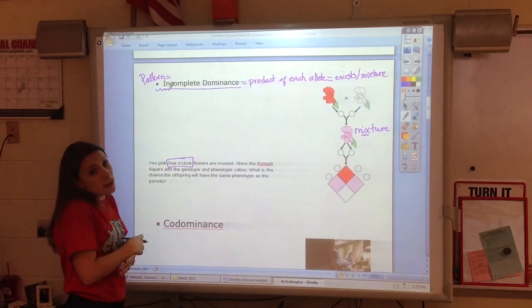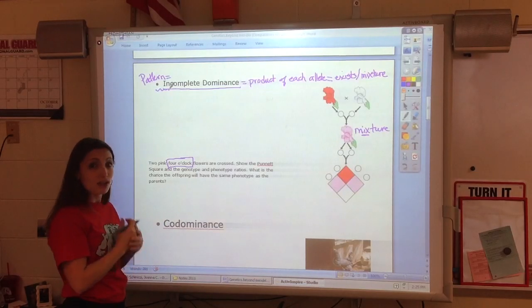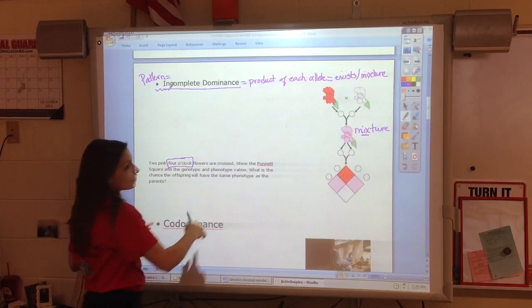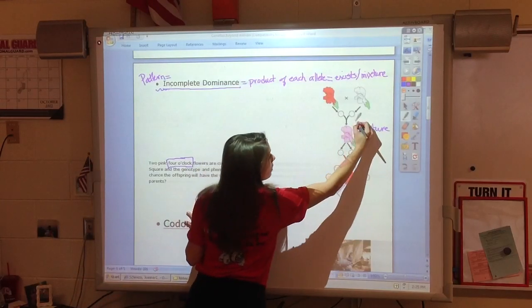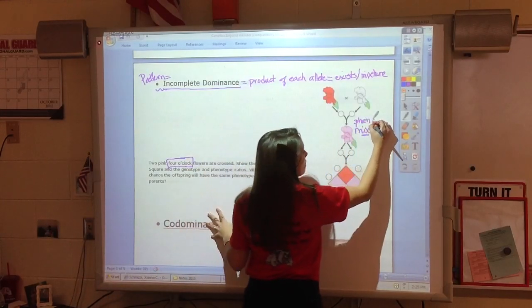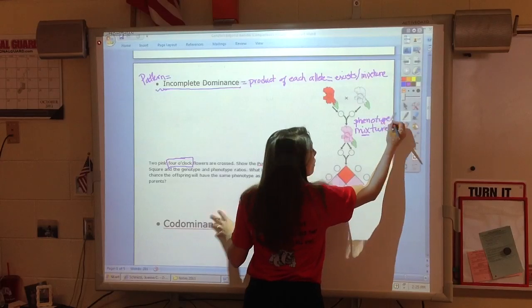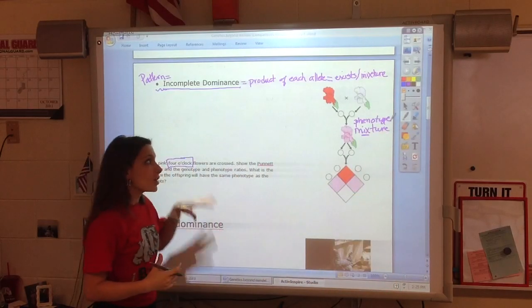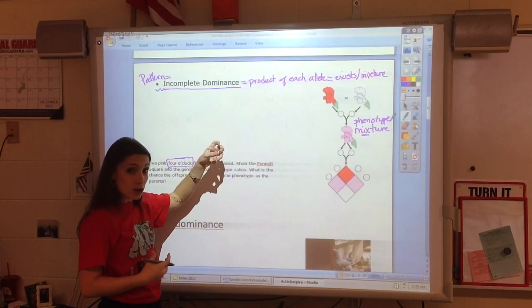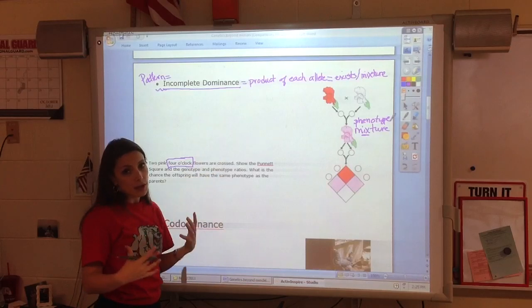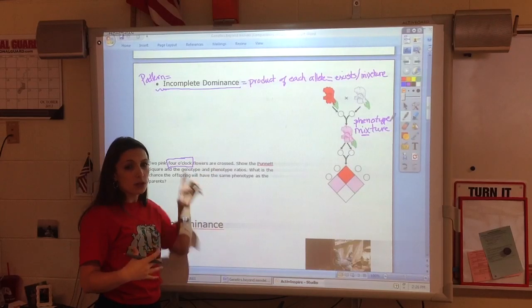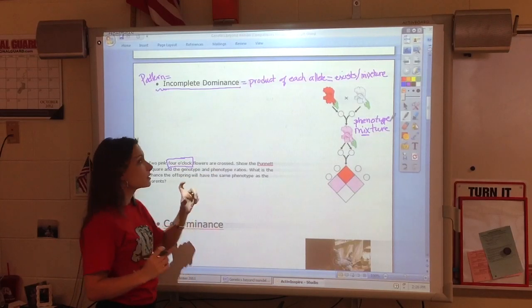You can really write the letters however you want as long as you remember that the phenotype mixes. I like to follow the patterns that represent each pattern with a different type of letter. So in dominant and recessive, we use capital and lowercase.